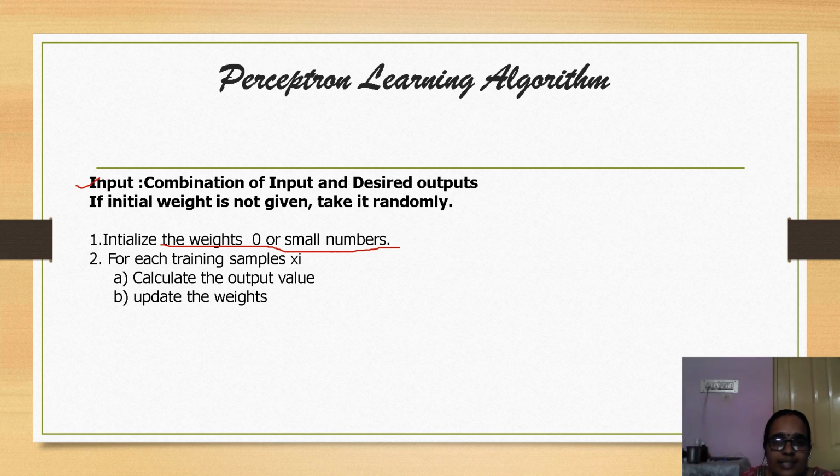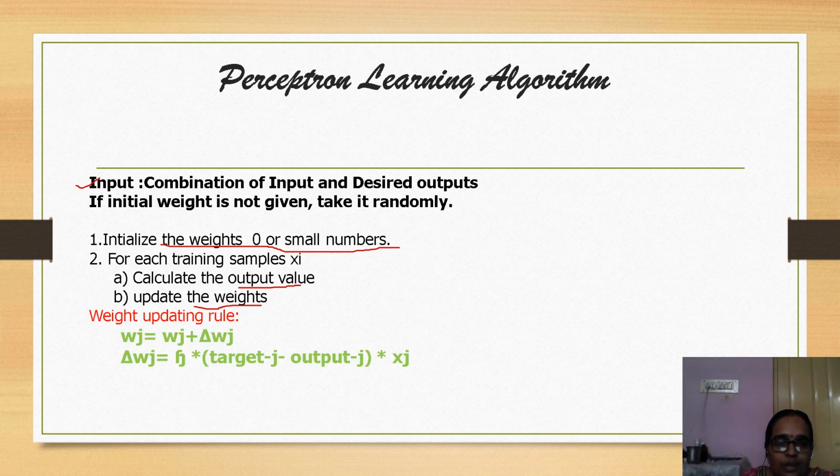First we have to take the first example and calculate the output. How can we calculate the output? We have to summate the weights multiplied by inputs, and apply the activation function. We will get the output value. That output value should be compared with the desired output value, that is the target value. If not matching, we have to update the weights. The updation rule we will see now. So this is the rule for updating the weights.